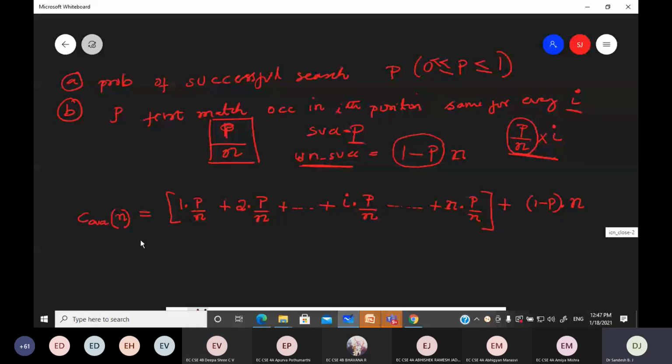So the count which we are finding depends on the nature of the input instances which we are giving, and this is the formula for the same.